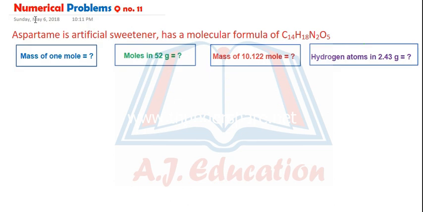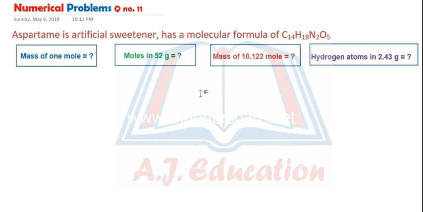Here is our first numerical problem. This is from FSC part 1. Aspartame is an artificial sweetener. It has a molecular formula of C14H18N2O5.